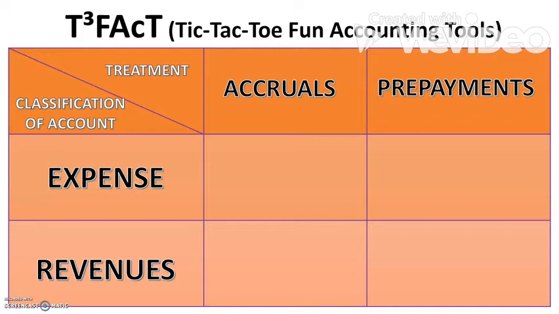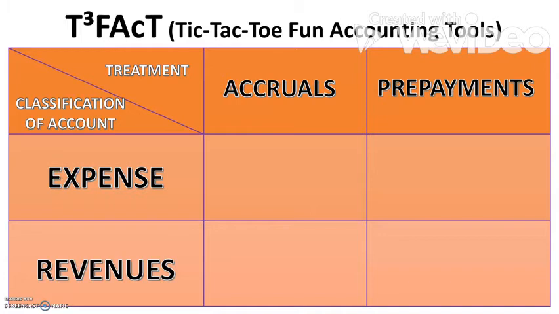Prior to this, students need to understand clearly the classification of items in accounting such as asset, liability, owner's equity, revenue, and expenses. In particular, students need to be able to differentiate between current assets and non-current assets, current liabilities, and non-current liabilities.